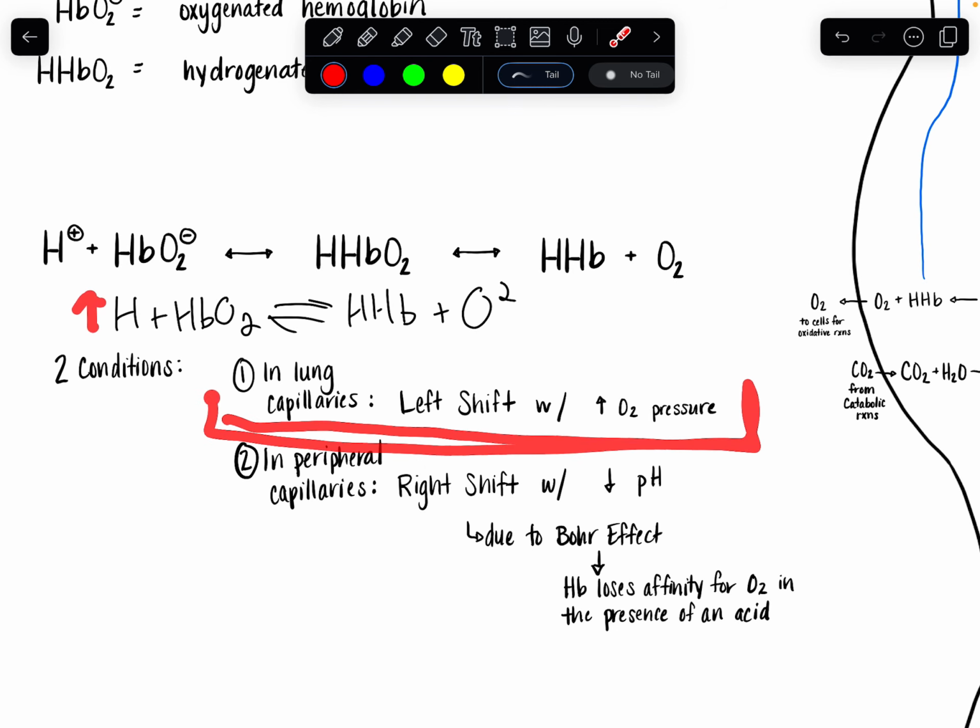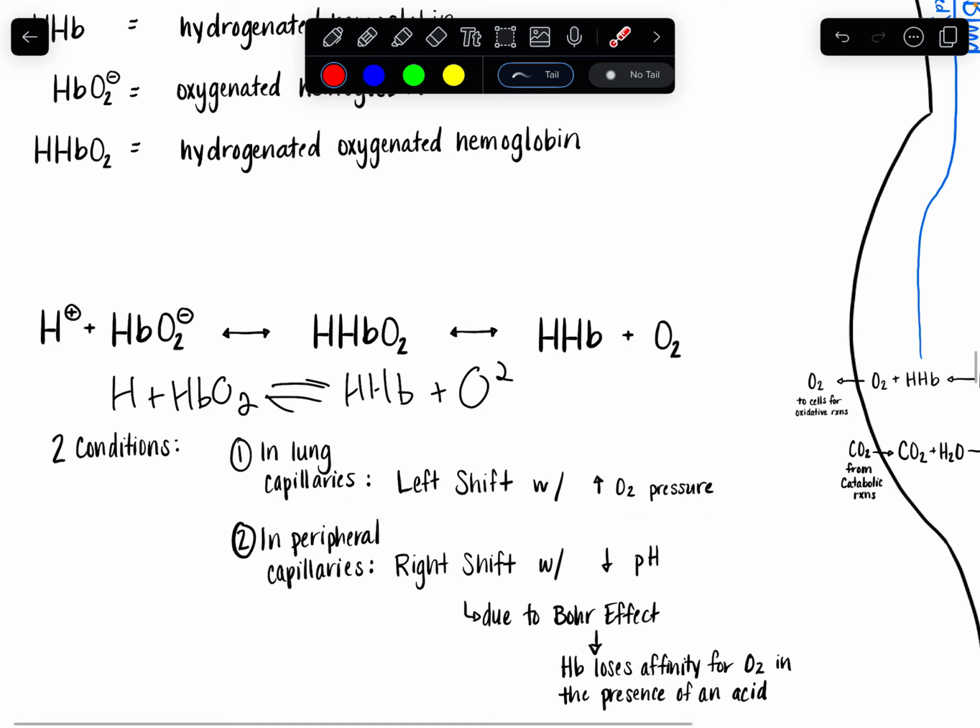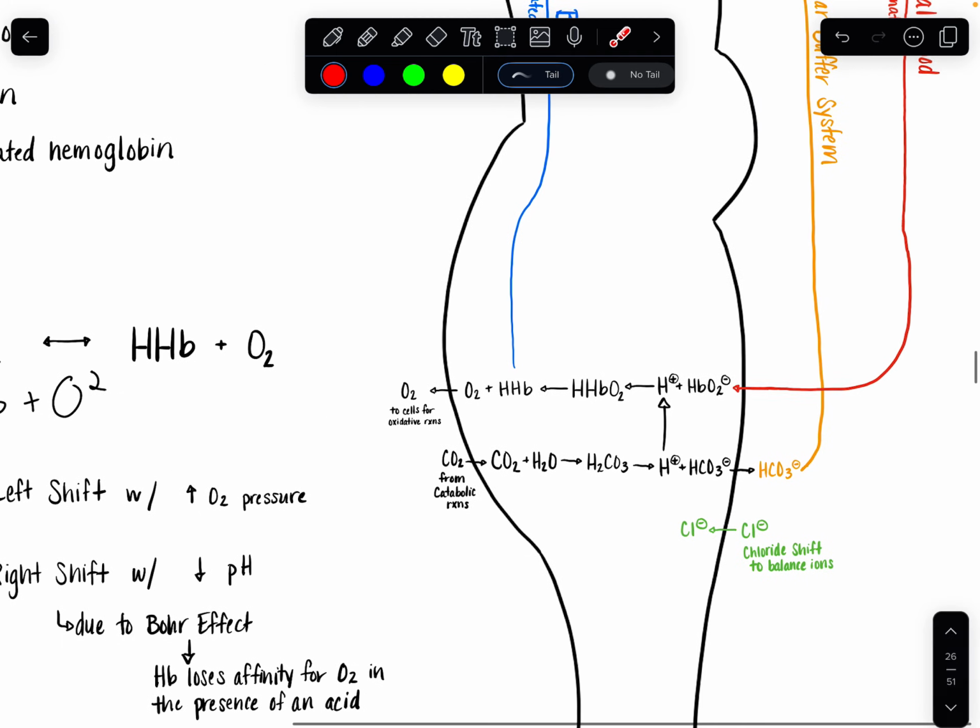So that example pertains to right here. In the lung capillaries with our shift, as we can see, if we have an increase in O2 pressure, with our oxygen in a heavier presence, we're going to have a left shift and we're going to have hydrogen dissociating from the oxygenated hemoglobin right here.